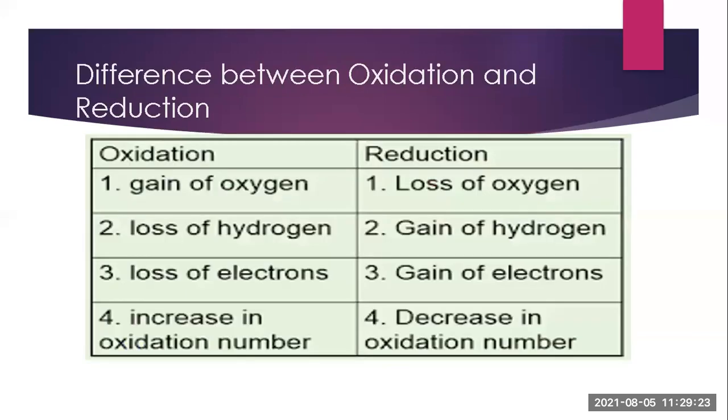First, just see the difference between oxidation and reduction. Gain of oxygen is oxidation. Reduction is the loss of oxygen. Loss of hydrogen is oxidation and gain of hydrogen is reduction. Loss of electrons and increase in oxidation number is oxidation, and reduction is gain of electrons and decrease in oxidation number.